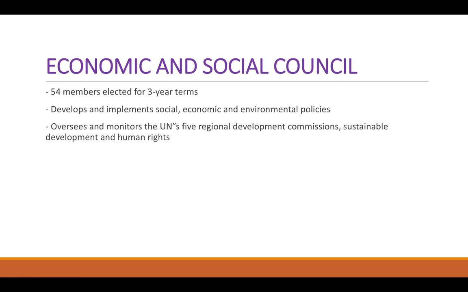Economic and Social Council, there are 54 members elected for 3-year terms, so countries change. It develops and implements social, economic, and environmental policies, oversees and monitors the UN's 5 regional development commissions, sustainable development, and human rights.